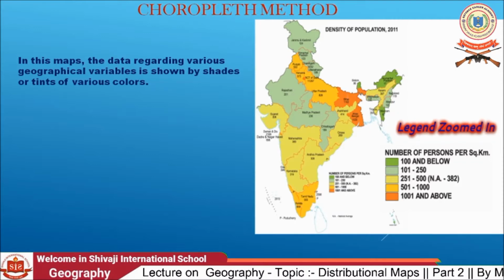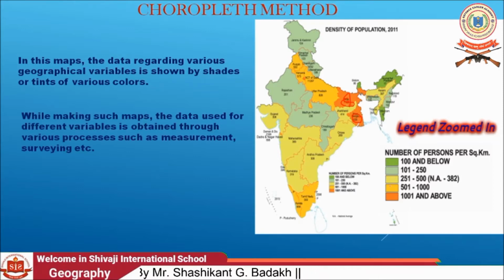Suppose here you can see West Bengal's population density and Bihar's population density, and West Bengal's population density is 1001 and above.